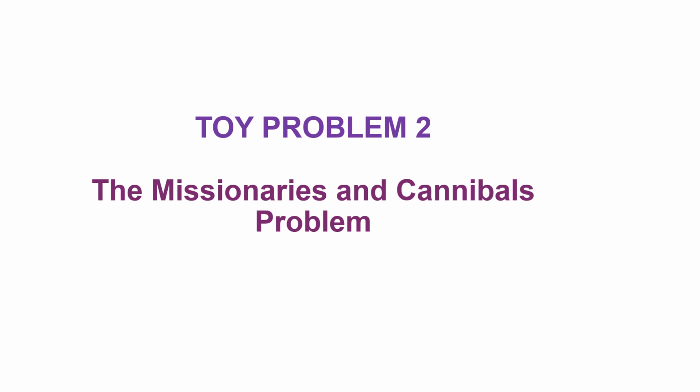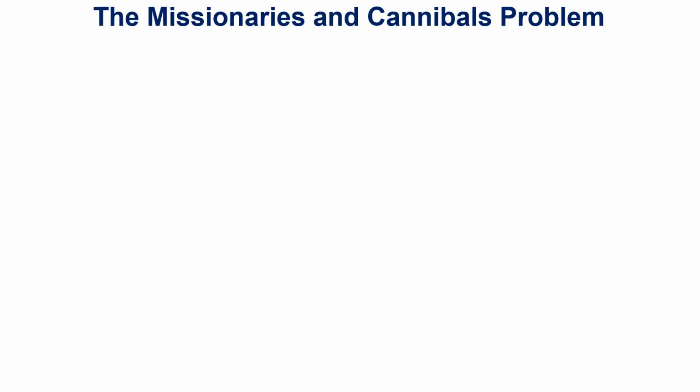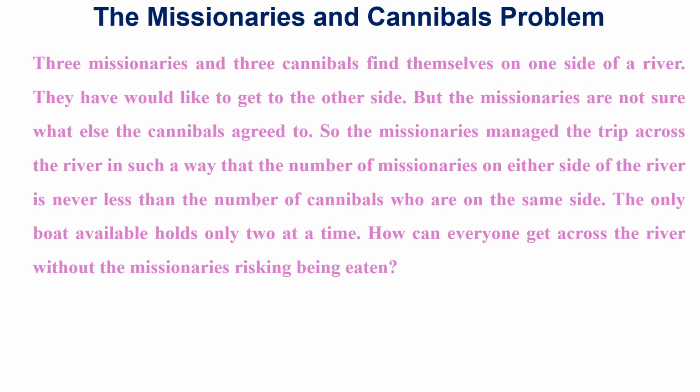Second problem is about the missionaries and cannibals problem. The problem description is three missionaries and three cannibals find themselves on one side of a river. They would like to get to the other side, but the missionaries are not sure what else the cannibals agree to.